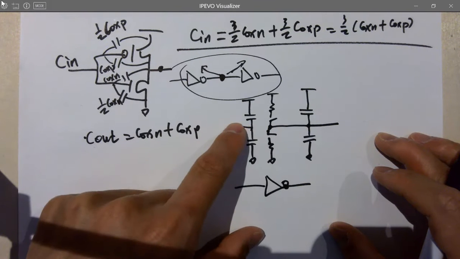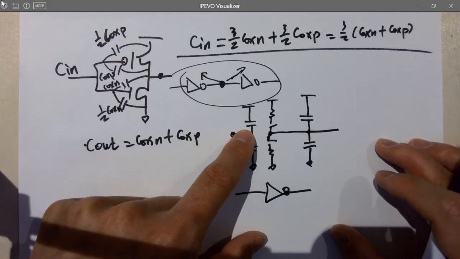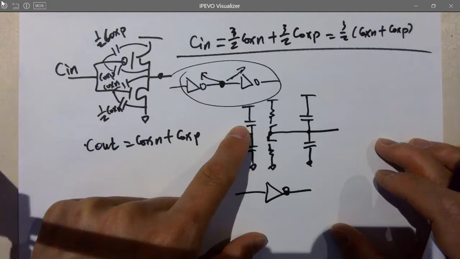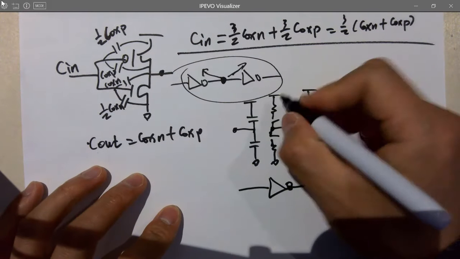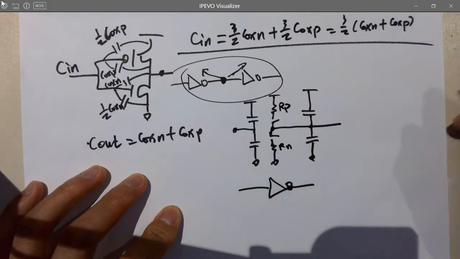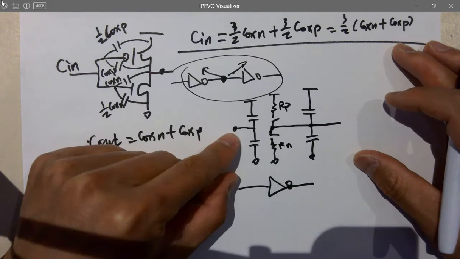So in that case, on the top, what is this cap? That's for the PMOS, right? So on the top, that's RP, the channel resistance of the PMOS, and the channel resistance of the NMOS. So what is this capacitor for the input?